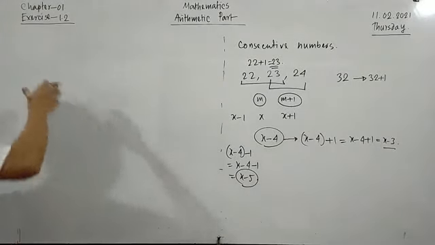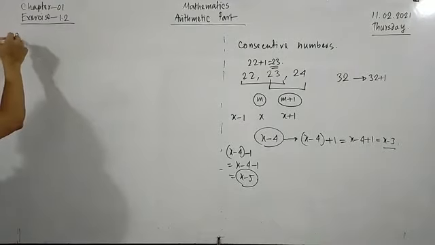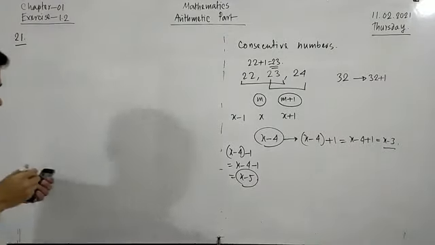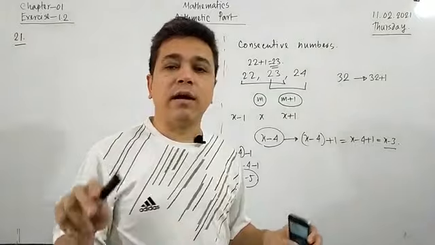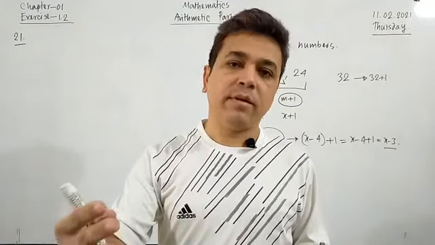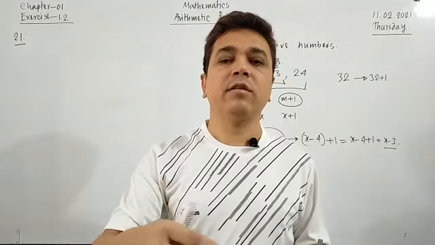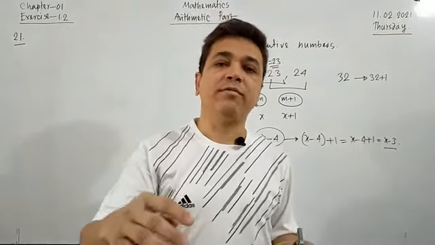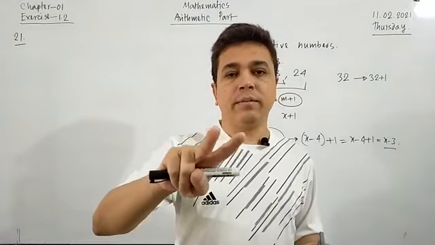Question number 21, exercise 1.2. What is question number 21? The difference of squares of two consecutive numbers equals 37. We have to find the two numbers.